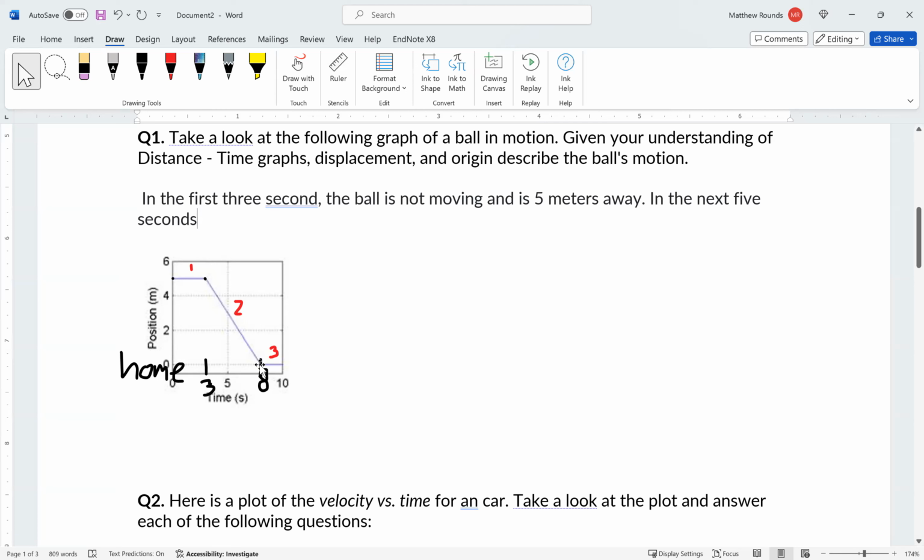So it's gone from being 5 meters away to 0 meters away. Think of it as being home. Could you put a sentence together again? You just say in the next 5 seconds, dot, dot, dot, and fill in what is going on there.